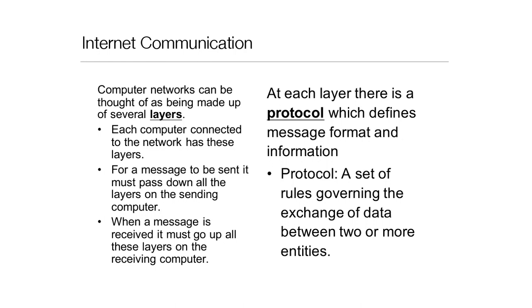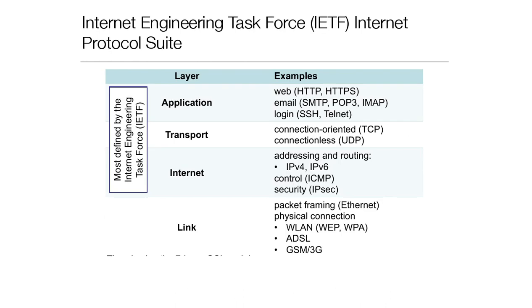So according to the Internet Engineering Task Force, IETF, this is the Internet Protocol suite. There are 4 layers, and I can show you examples for each layer. So let's first look at the layers. There are the application layer, transport layer, internet layer, and link layer. I'm pretty sure that you have covered these things in your networking and web application courses.